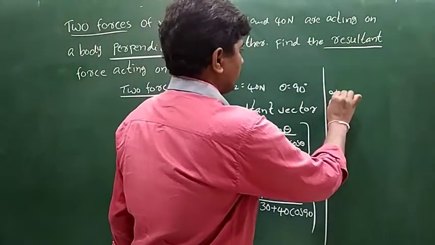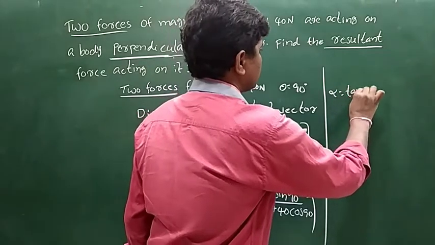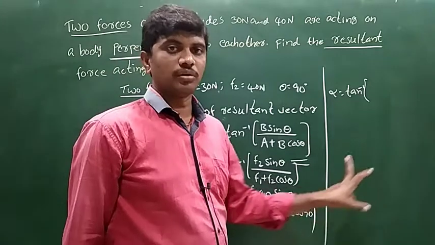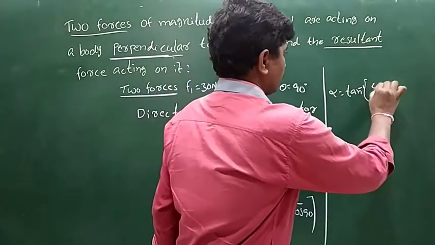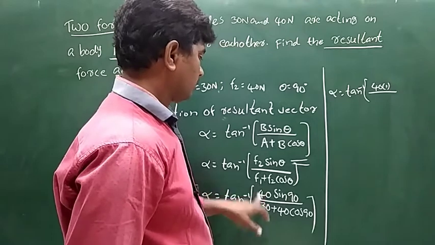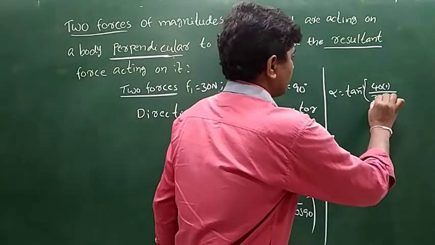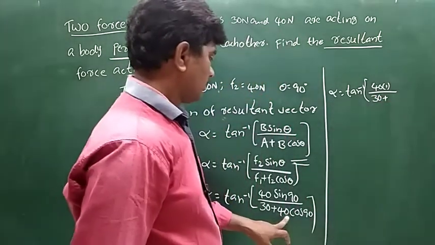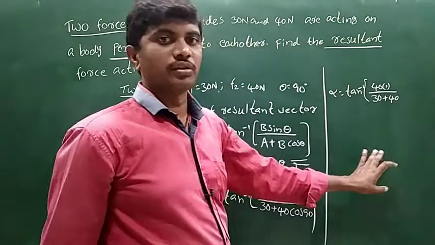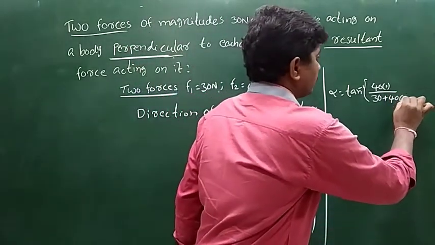Sin 90 degrees is 1, so 40 into 1 is 40. Cos 90 degrees is 0, so 40 into 0 is 0.